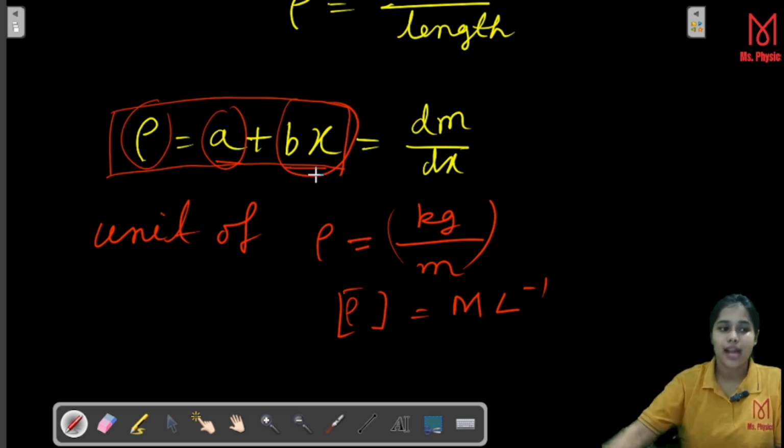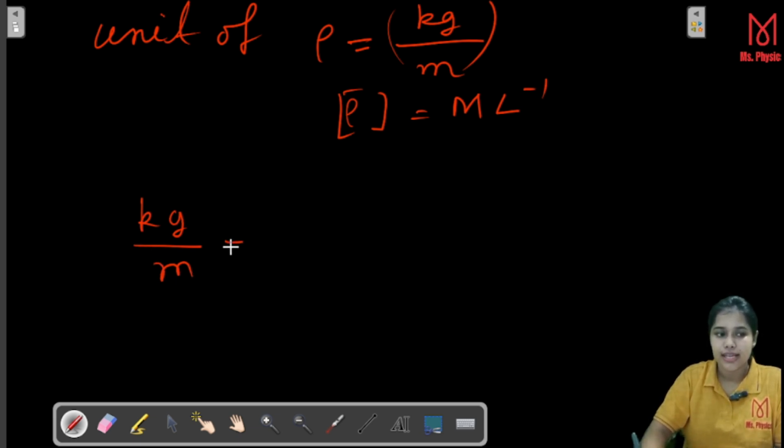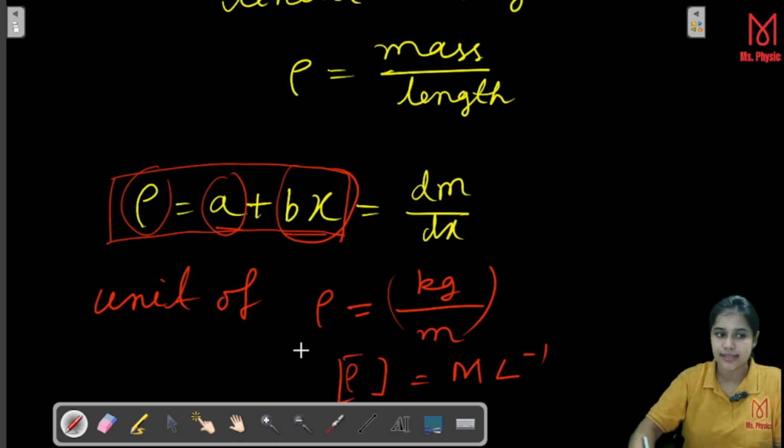Therefore the unit of rho, kg per meter, is equal to the unit of a. It has to be, otherwise you can never write this expression. As I told you, the unit of a has to be equal to rho, and the unit of bx has to be equal to rho.